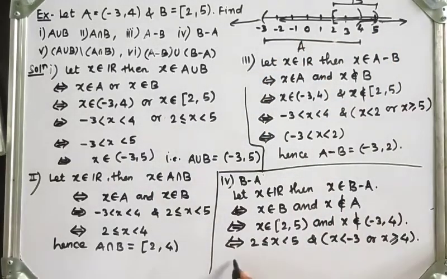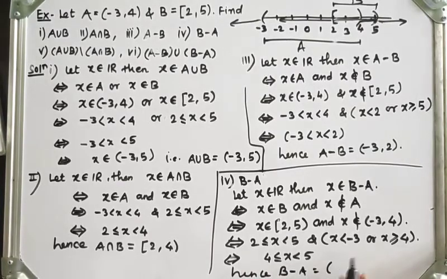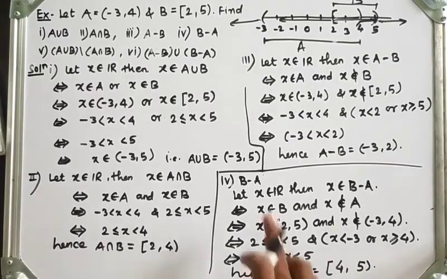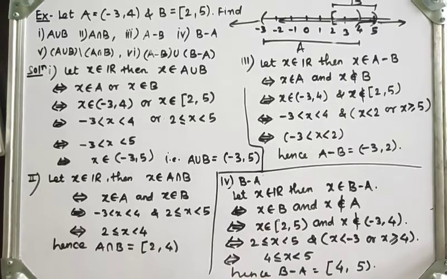We get 4 less than or equal to x less than 5. Hence b minus a is the interval closed 4 to open 5. This is the set b minus a.